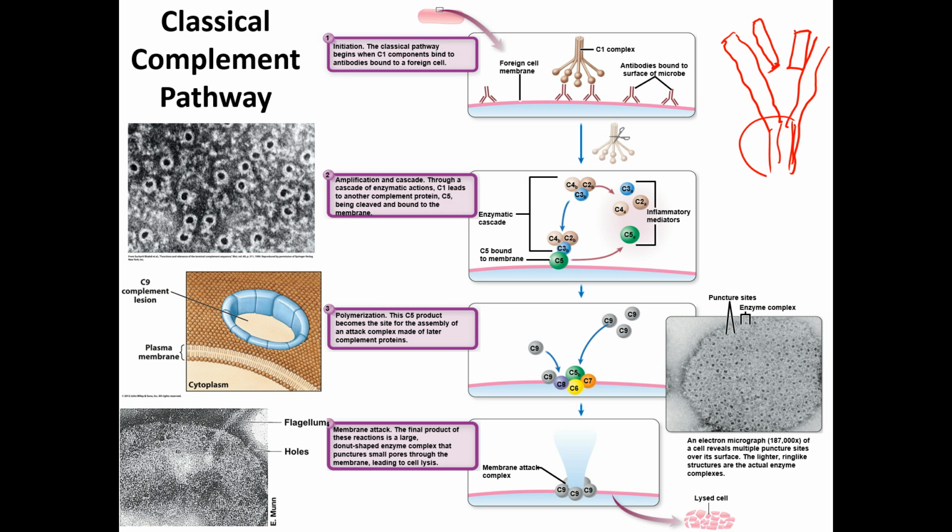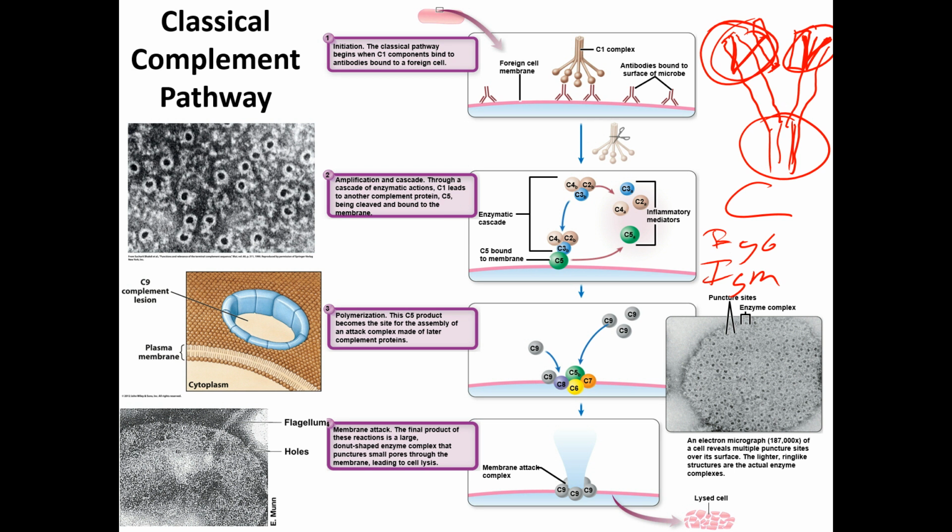You have this region here that's referred to as the constant region. This region up here and here is referred to as the variable regions. The constant region is always going to stay the same, in the sense that it signifies what type of antibody you're dealing with, whether it's IgG or IgM, or we'll talk about different antibodies later, but it signifies what type of antibody it is.